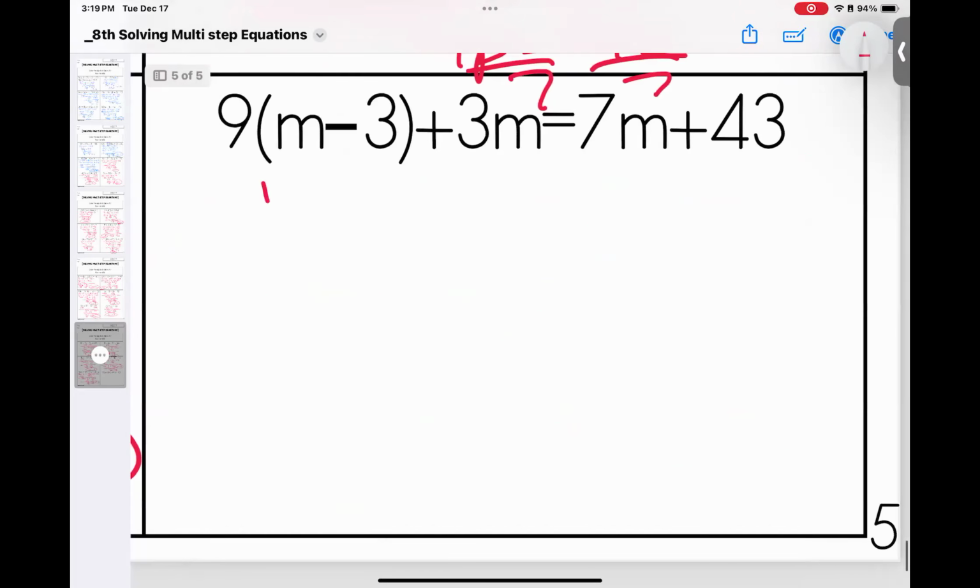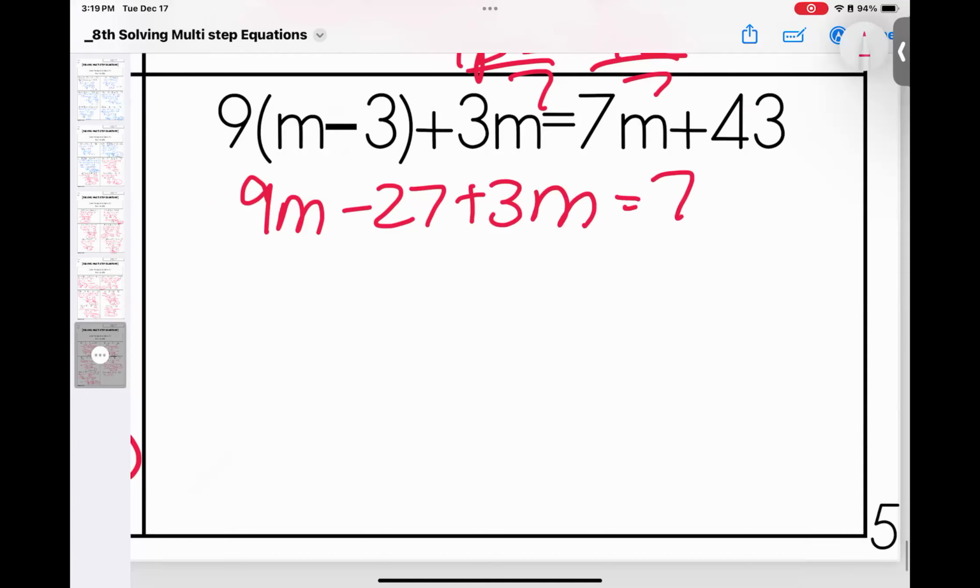And then last one, 9m minus 27 plus 3m equals 7m plus 43.